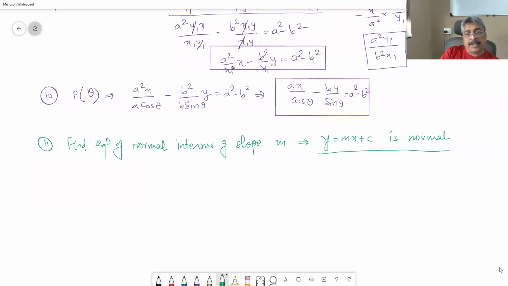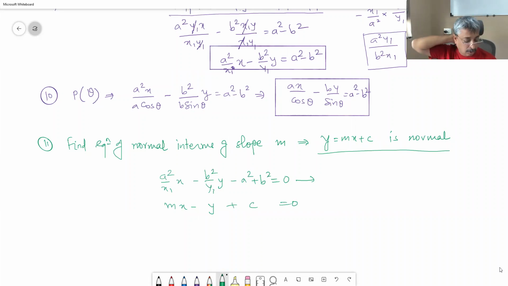One way of writing the equation of normal, we have already written: a square upon x1 times x minus b square upon y1 times y minus a square plus b square is equal to 0. This is one normal, and what we are saying now is this is another normal: mx minus y plus c is equal to 0.